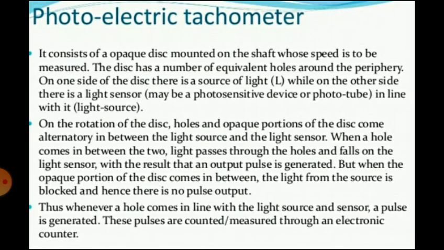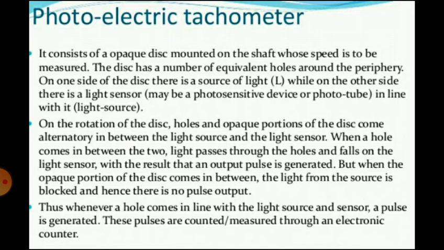So you can see the working in this slide. On the rotation of the disc, holes and opaque portions of the disc come alternately in between the light source and the light sensor. When a hole comes in between the two, light passes through the hole and falls on the light sensor, with the result that an output pulse is generated.